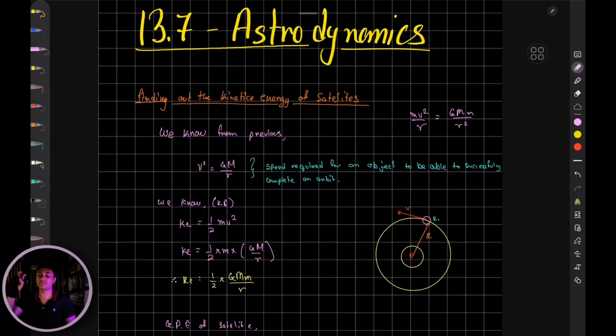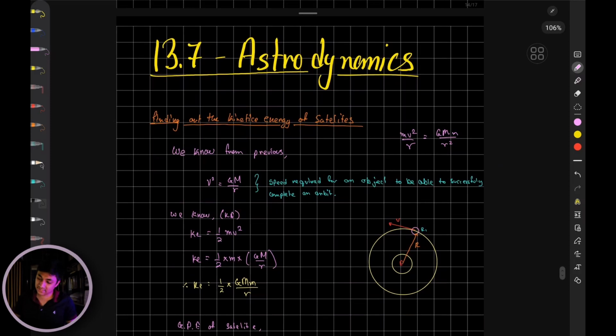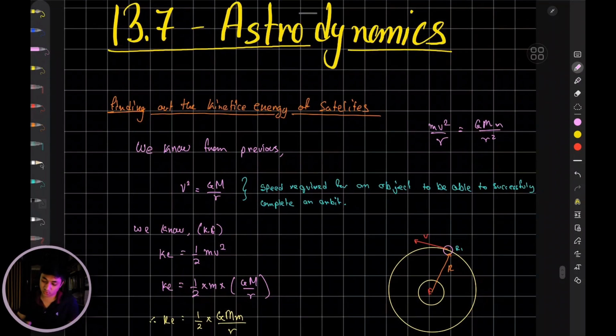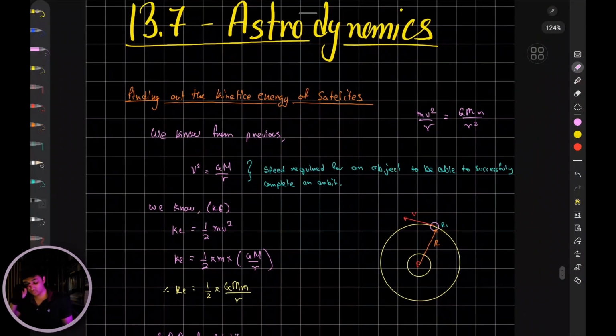The centripetal force mv squared by r is provided by the gravitational force. To find the orbital speed of the satellite, we make v the subject of this formula, and we get v squared equals GM by r.